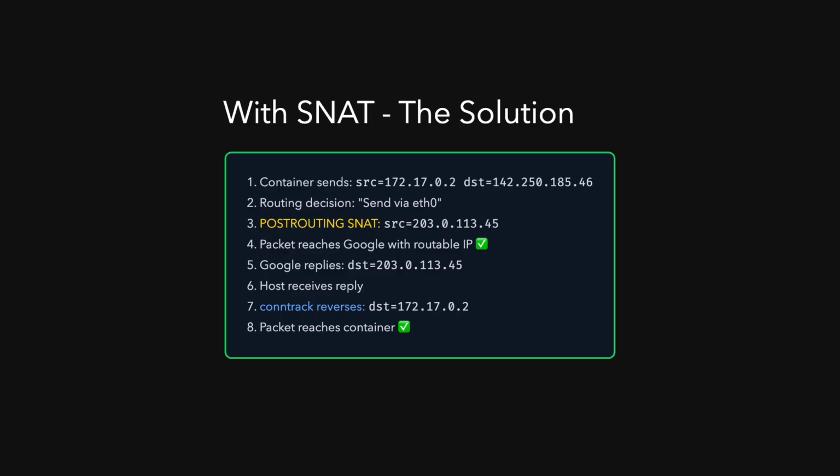Then the packet arrives at the host and conntrack sees that this is a reply to a connection it is tracking. And then conntrack will do automatic reverse translation. The destination, our public IP address, becomes the container IP. And the packet reaches the container successfully. So SNAT makes private container IPs appear as the host public IP to the outside world.